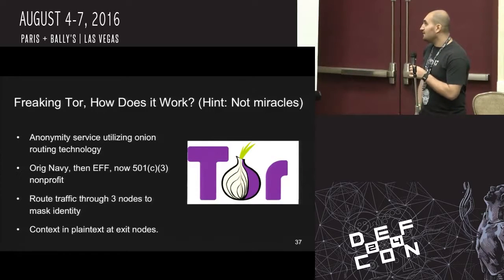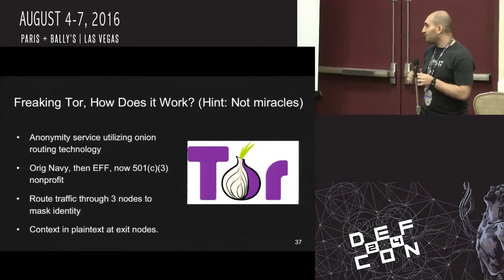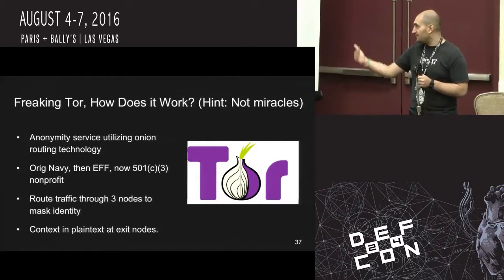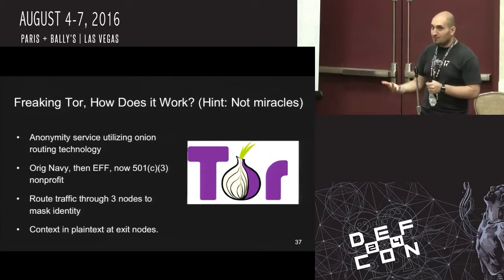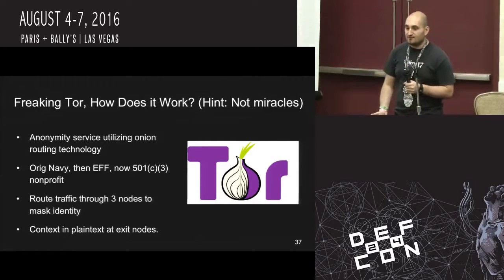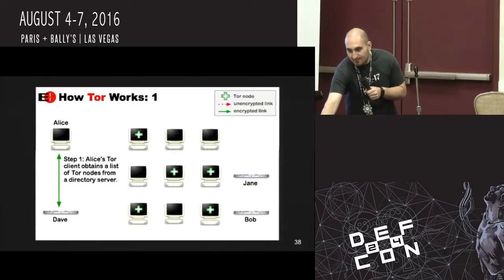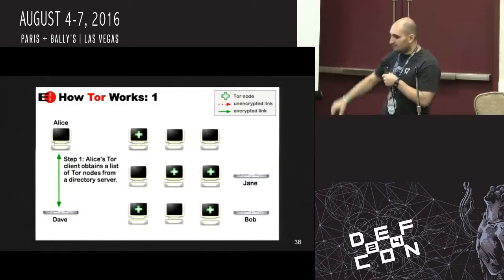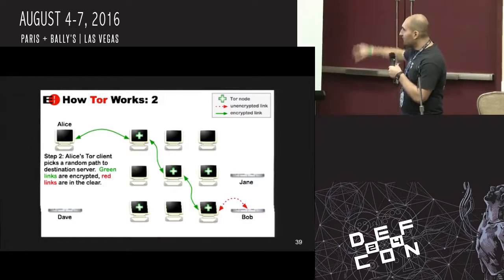It got taken over by the EFF for a while, and funded, that is, and is now its own 501(c)(3) nonprofit. And the basic idea is that you're routing your traffic through three nodes, the entry node, middle node, and exit node, to mask your identity. And you should note when using Tor that your content is not encrypted when it's exiting the network unless you're using HTTPS or something. So, you're just going to get a list of Tor nodes from a directory server. You're going to go through your path.